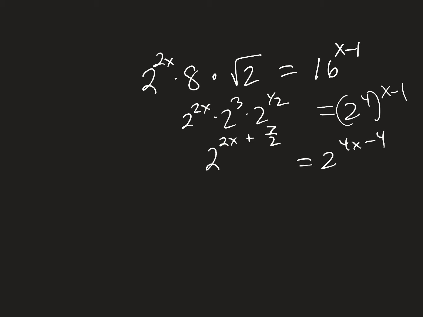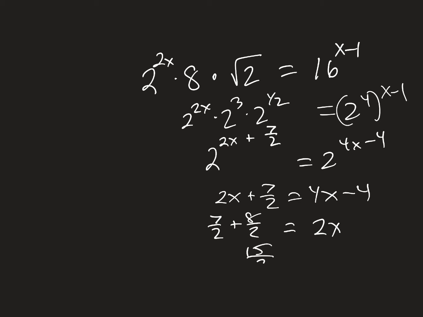Once you have a single base on one side raised to an exponent, you set the exponents equal to each other, because that's the only way this is going to be true. So I'd have 2x plus 7/2 equals 4x minus 4, and so 15/2 equals 2x. If I divide by 2, I get x equals 15/4.